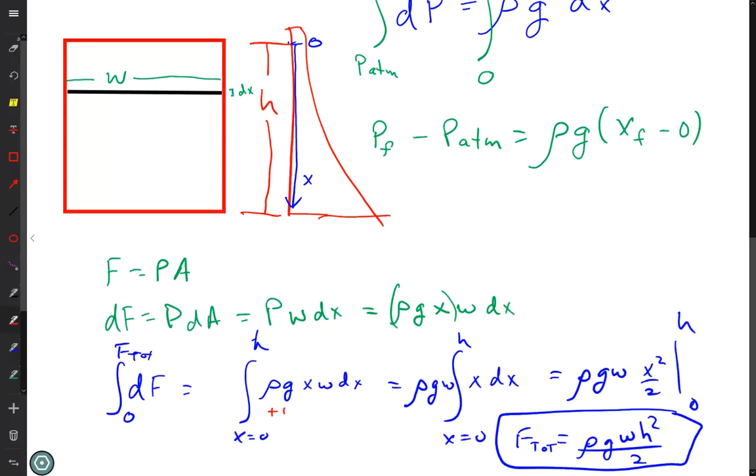I would have had plus pressure atmosphere, right there. And so I would have two terms. Pressure atmosphere times the width is constant. So integrating that would just be pressure atmosphere times width times height. And so that's a simple addition. The force that the atmospheric pressure is a constant, so that's why you don't have the 1/2 times the area.